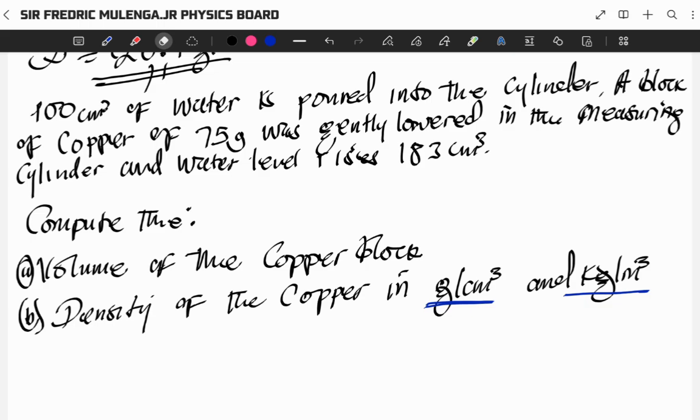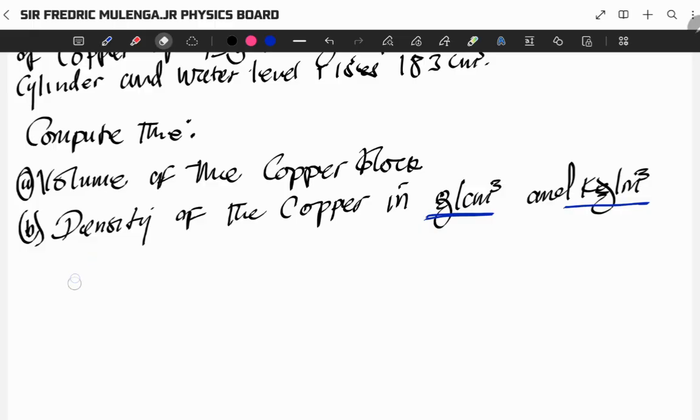Questions: compute A, the volume of the copper block, B, the density of the copper in grams per centimeter cubic, and kilogram per meter cubic. Go ahead and solve this. Then when you're done, you compare with my answer.